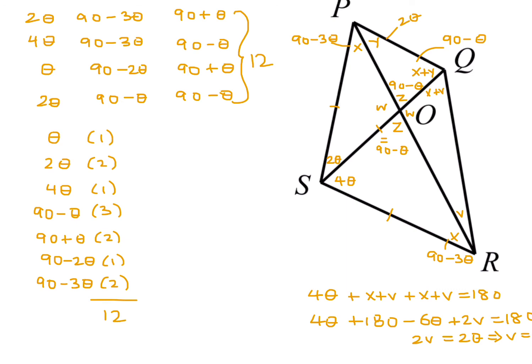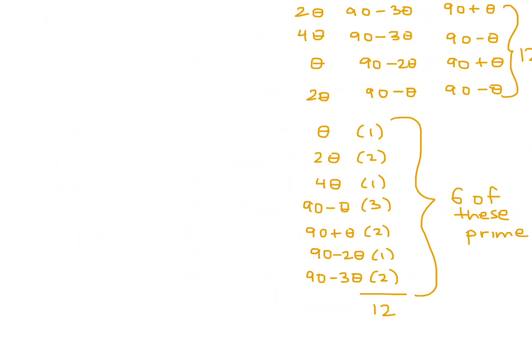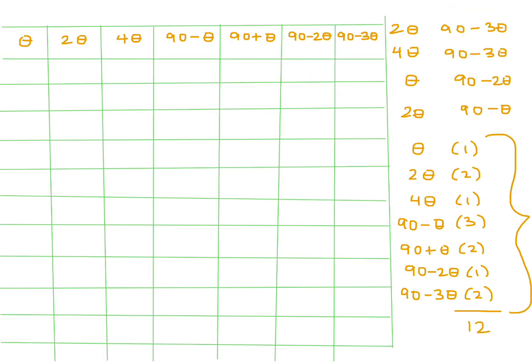Yeah, 12. Okay. Now, the rule is that 6 of these must be prime. 6 of these have to be prime. And we've got to figure out how to do that. Okay, so let's make a table with these angles. Here we go. Now, I got to start somewhere, right?